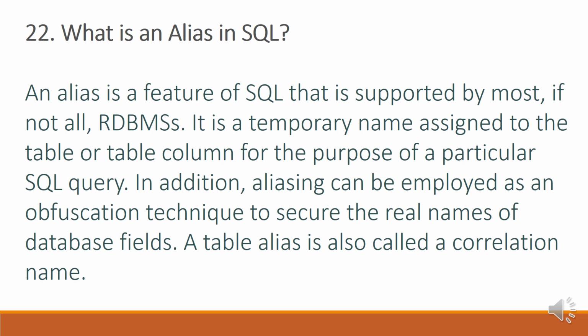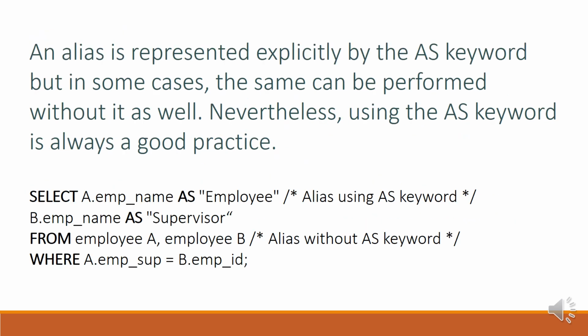A table alias is also known as a correlation name. An alias is represented explicitly by the as keyword, but in some cases the same can be performed without it as well. Nevertheless, using the as keyword is always a good practice. Here I have given a syntax.